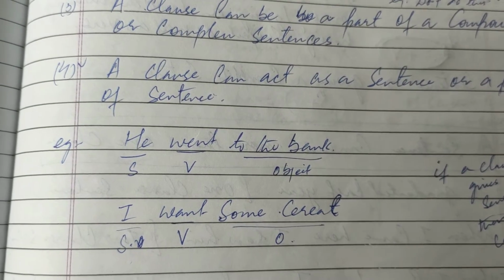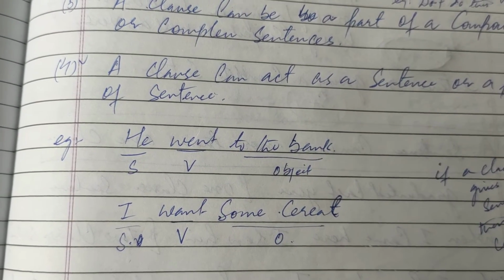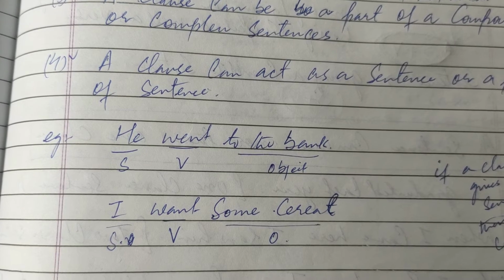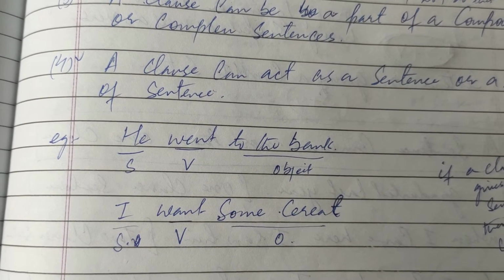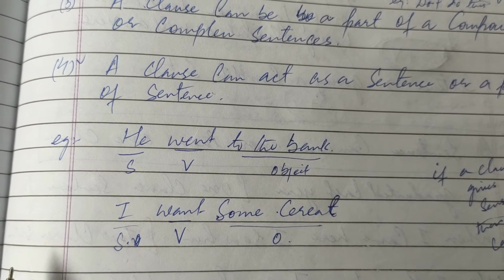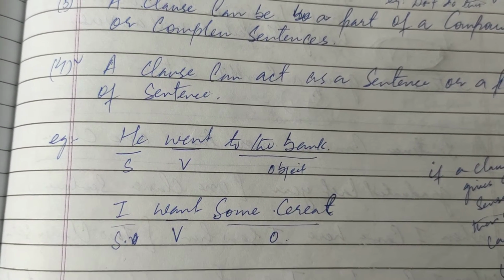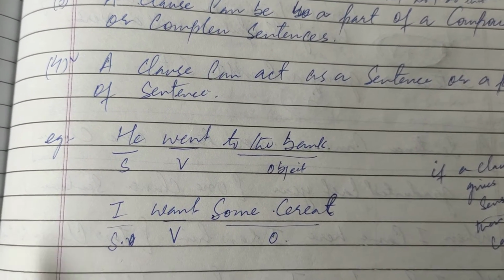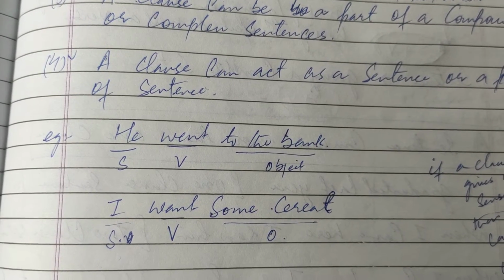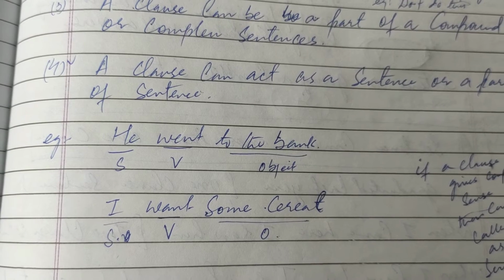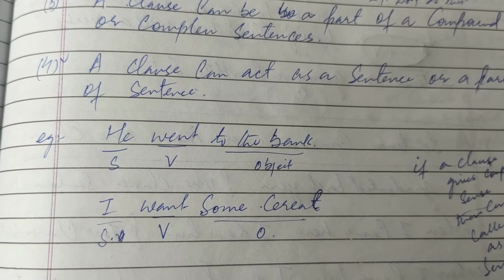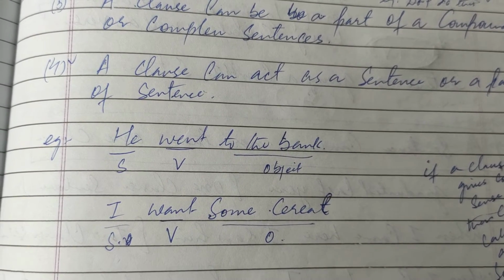So we can say that it is also a clause as well as a sentence. So here it is I want. It can also be a clause, but if a clause gives a complete sentence, like I want some cereal, then it can be said that it is a sentence.